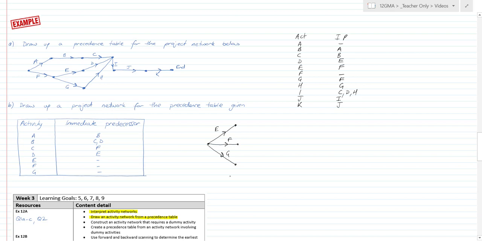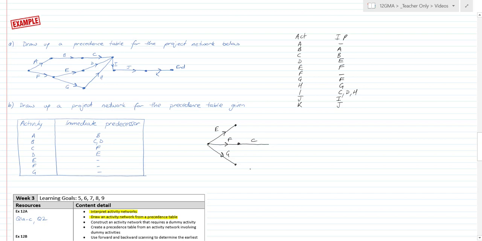Now, A requires B, but I haven't got B on there yet. B requires C and D, but I don't have them on there yet. C requires F and E. Oh no, C requires F, so C's a carry on from F, and D's a carry on from E. But D and C finish at B, so let's bring this together.